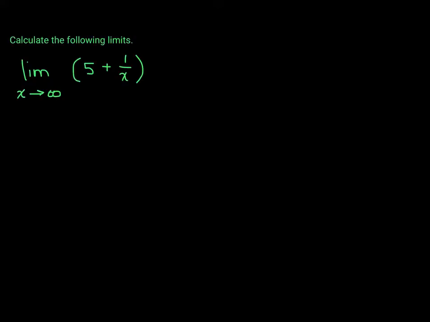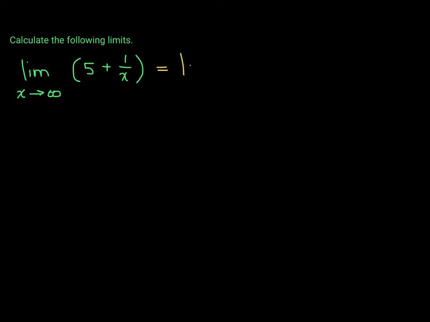Okay, let's calculate the following limits. So I've given you one so far. After we look at this one, I'll show you another limit. Here we're considering the limit as x approaches infinity of 5 plus 1 over x. Now we can use our sum rule to say the limit of the sum is equivalent to the sum of the limits.